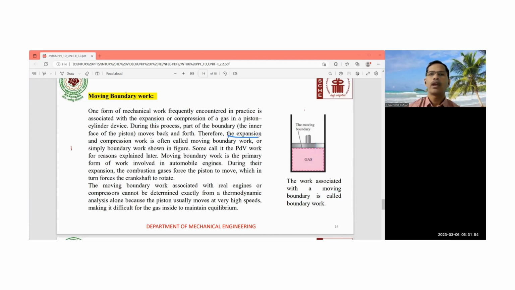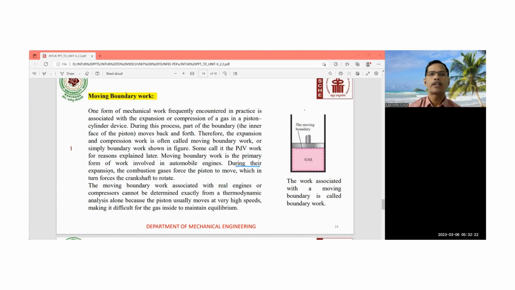So the expansion or compression work is often called the moving boundary work, or simply the boundary work, and it involves the PdV work. The moving boundary work is the primary form of work in automobile engines. So all automobile engines are connected with the moving boundary work.